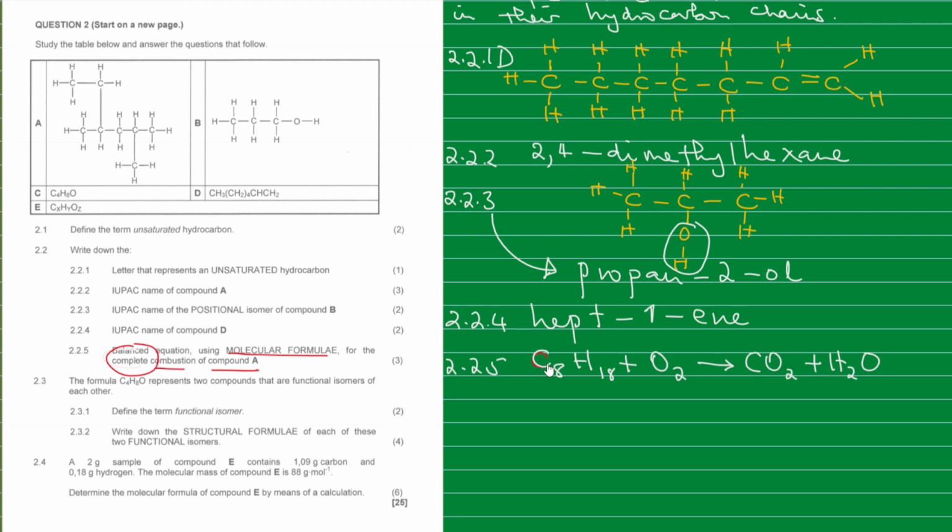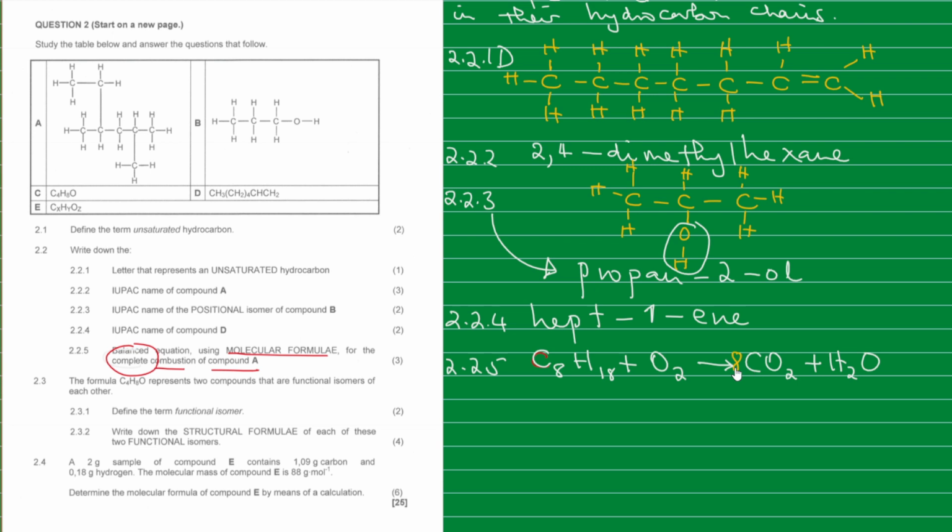For example, I've got 8 carbons here, and here I've got 1 carbon, so we need to balance out. We balance by writing a coefficient, a number in front of the molecular formula. Here I've got 8 carbons and here 1 carbon, so I will multiply by 8. So you write an 8 there.